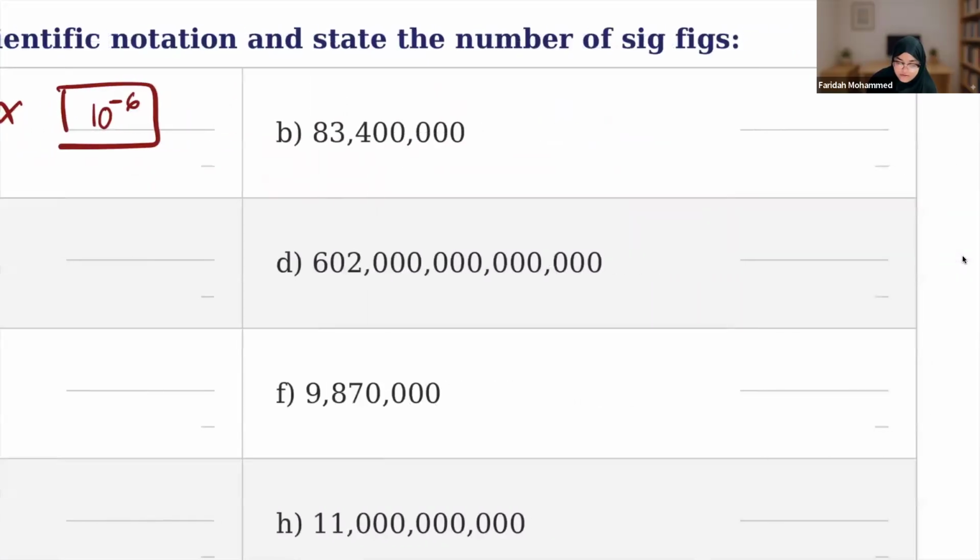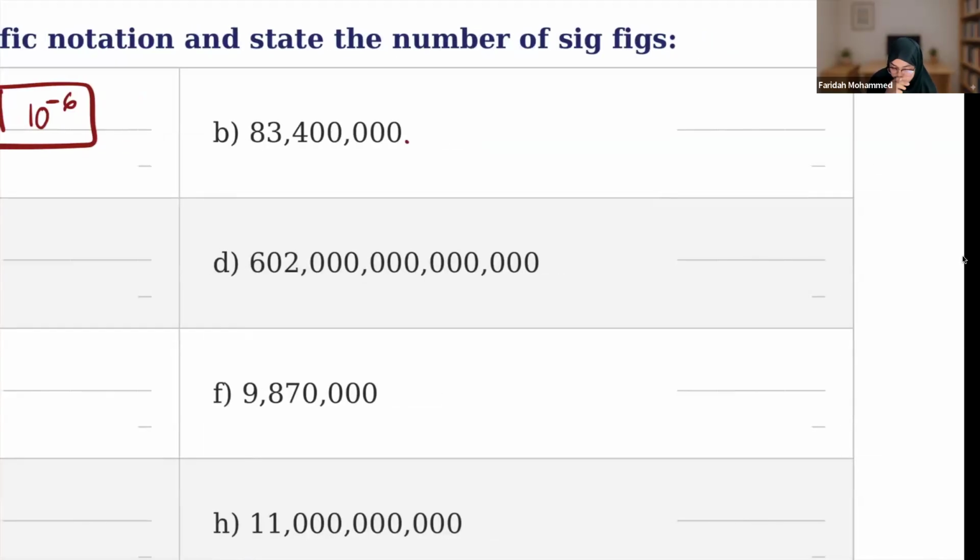So, for example, this one, you don't see any decimal. That means you assume it's at the end. Okay? So where do we put the decimal? You want to put it between 8 and 3. So 1, 2, 3, 4, 5, 6, 7.